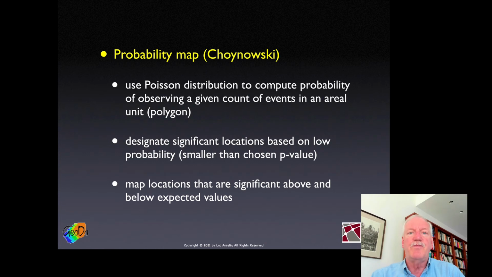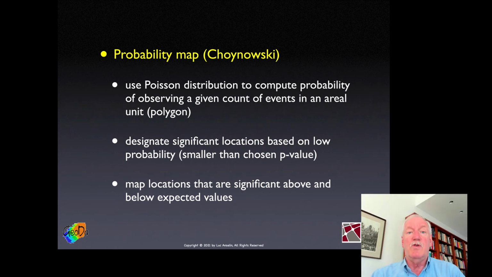So let's say we have a mean intensity of 10 events per unit area, and we have a given area that is twice the unit area. On average, we would expect to have 20 events in there. That's what the notion of average is. So what if we have 50 events in there?